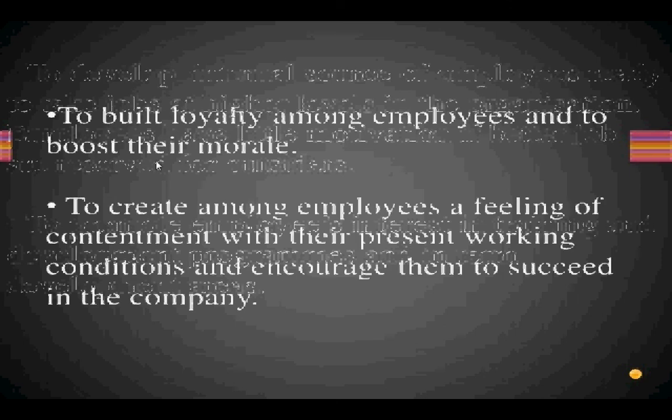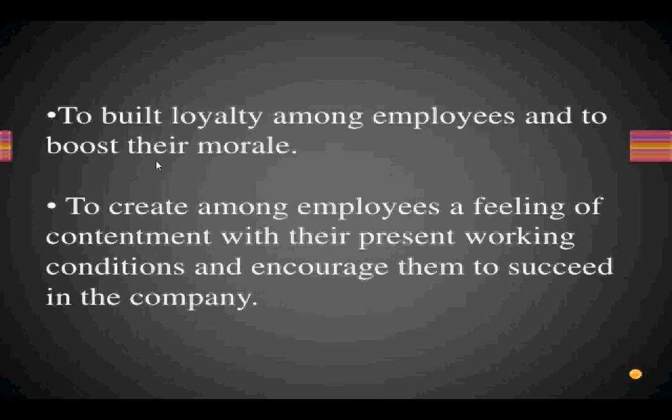To build loyalty among employees and to boost the morale among the employees in the organization. They feel happy, they feel belongingness, they feel proud because the organization is considering the existing employees while going for promotion.